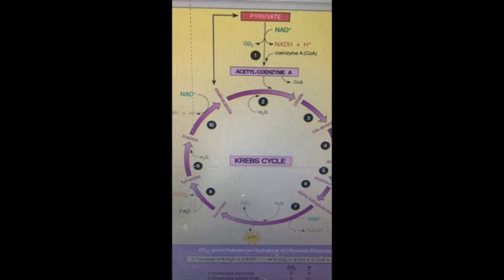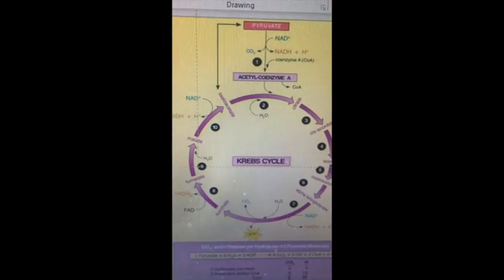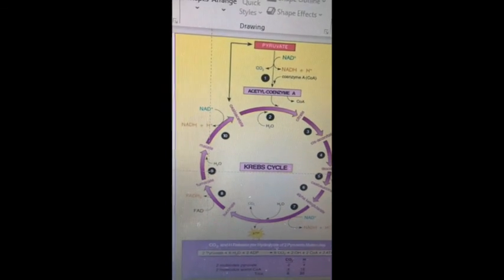The reaction goes on and on. As long as we have new acetyl coenzyme A coming in, it can join with oxaloacetate, which is that final process at stage 10, and we can keep going.